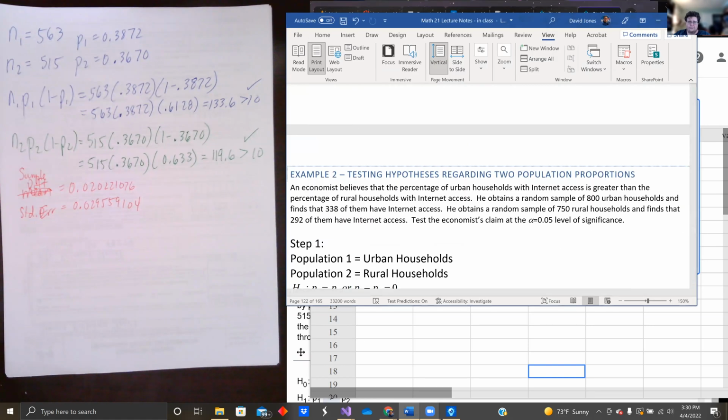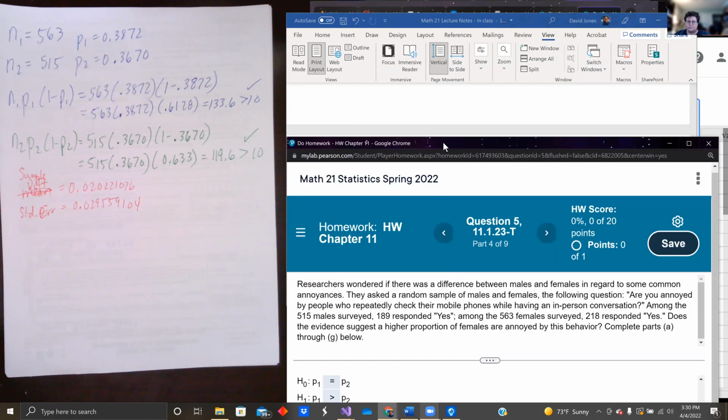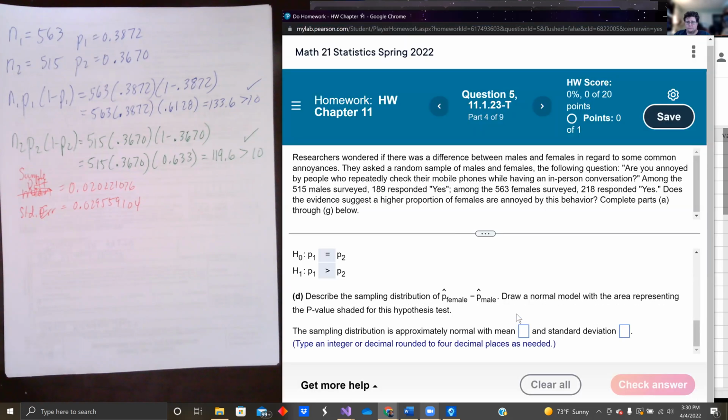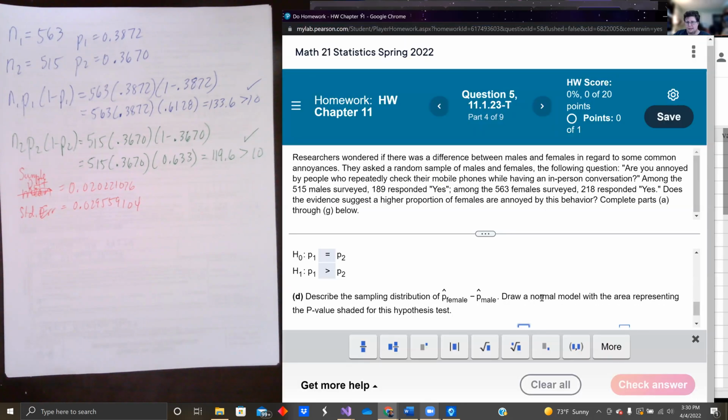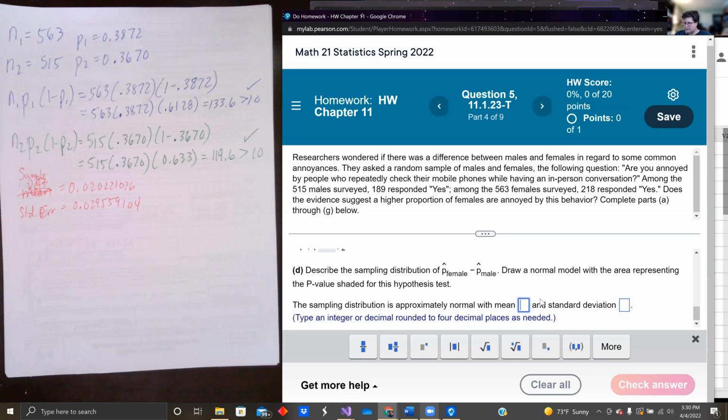Oh, not there, here. It says four decimal places. I've got that, can't be right.